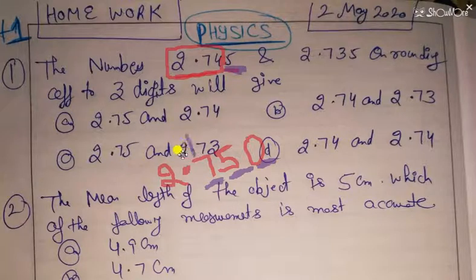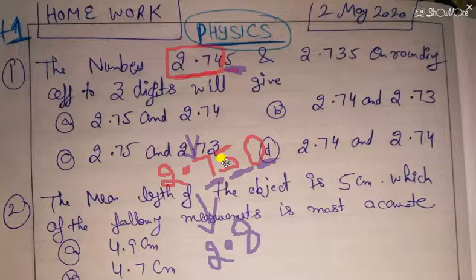If I have to convert it into 2 digits, then this value will be 2.8. This is very much clear, because if 5 is there and the next digit is 0, then we check whether it is odd or even.